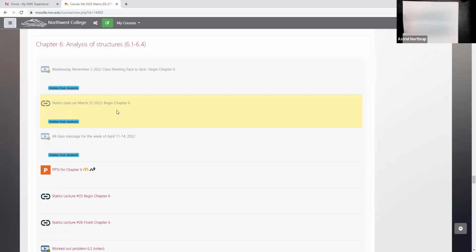It's possible that maybe not all, but most problems can be solved by one method or the other. But the method of sections can really shorten up your time to do problems if the member that you're looking at is very interior, or if the joint has more than 2 members coming into it.